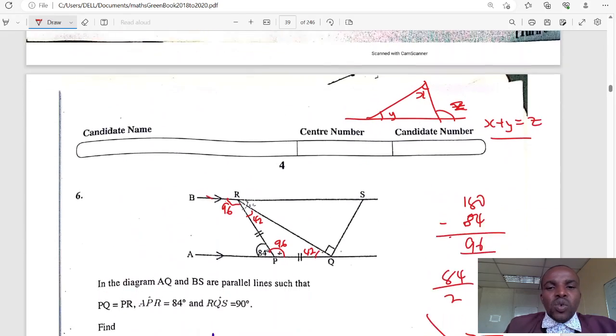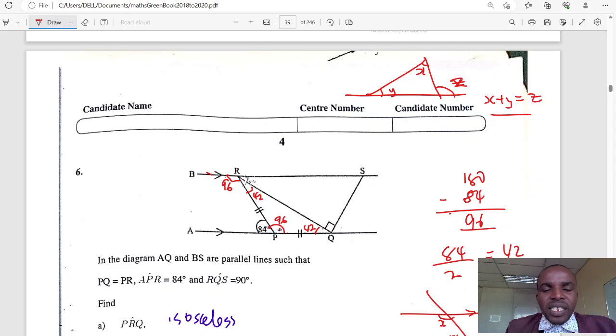Then next, QSR. To find this angle, it is 42 degrees. These are Z angles. 42 degrees is equal to PQR. Then for this angle here, you can use triangle RQS.